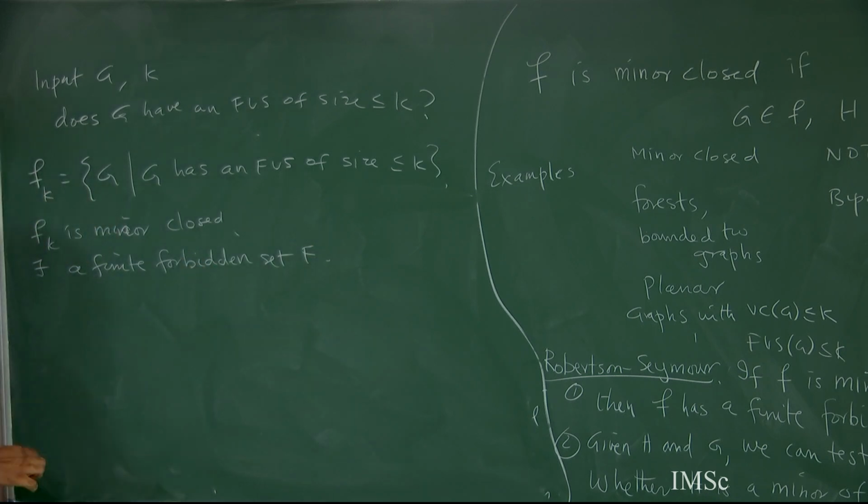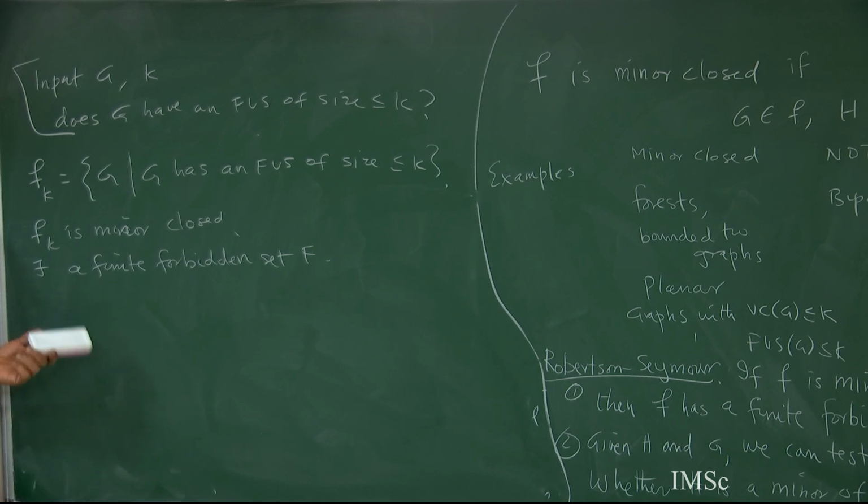So now what is my question? This question is the same as, given a graph G, does it belong to this class? That is what I am asking. Now, this tells you that G belongs to this class if and only if none of the graphs in the finite forbidden set is a minor of that graph.